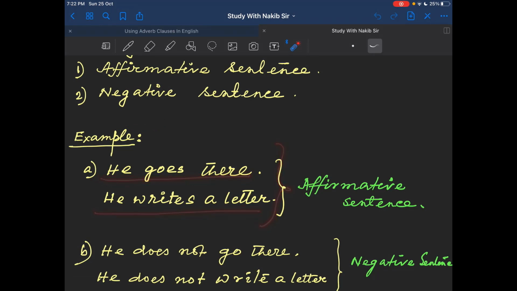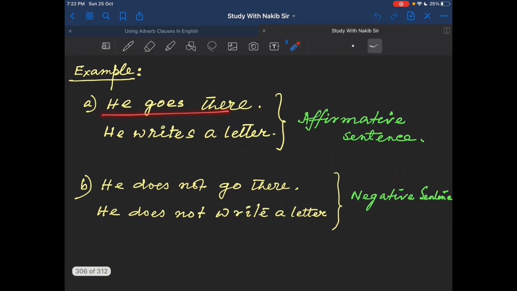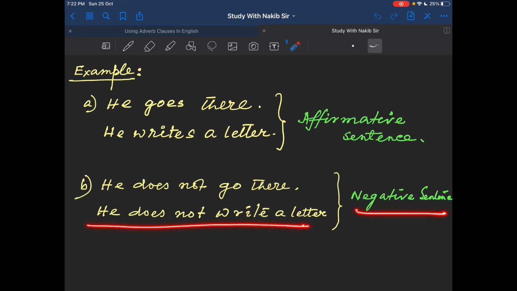These two are examples of affirmative sentences. And here it will be he does not go there, an example of negative sentence. And here it is he does not write a letter. It is an example of a negative sentence.